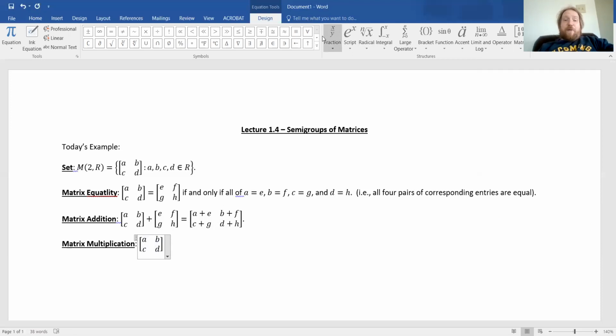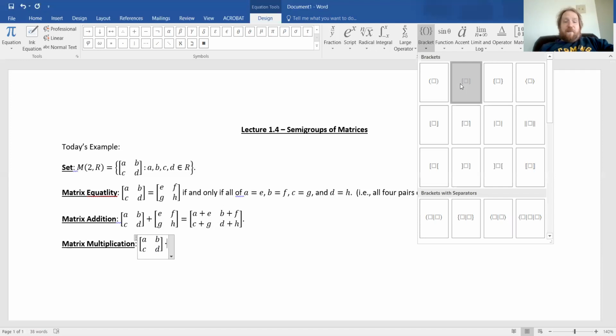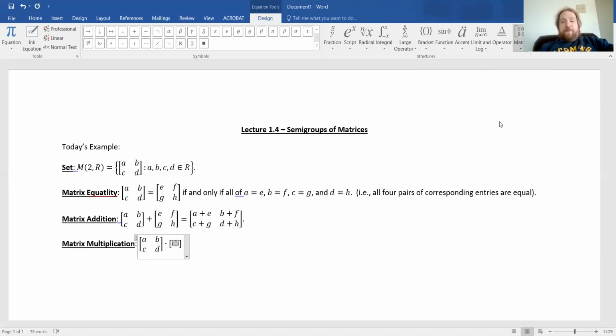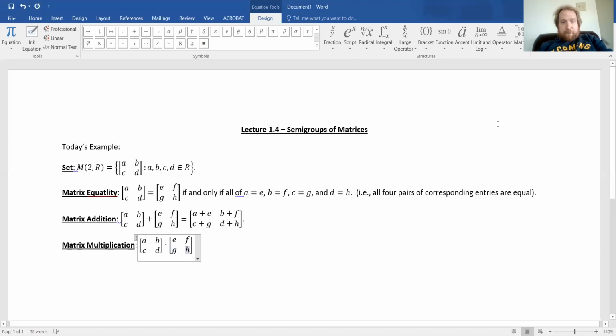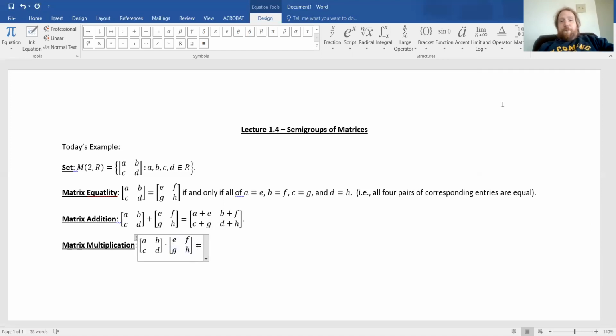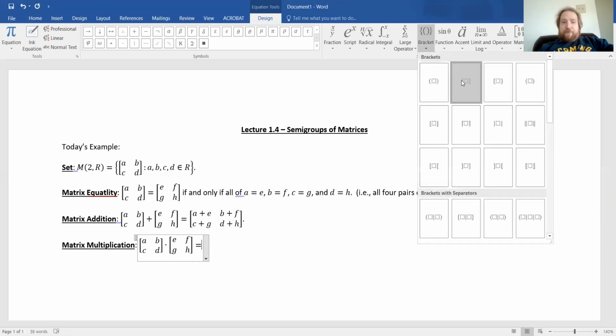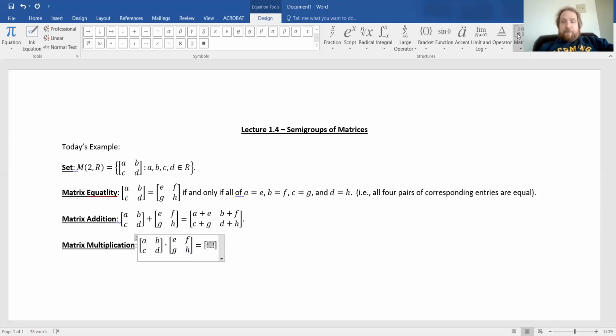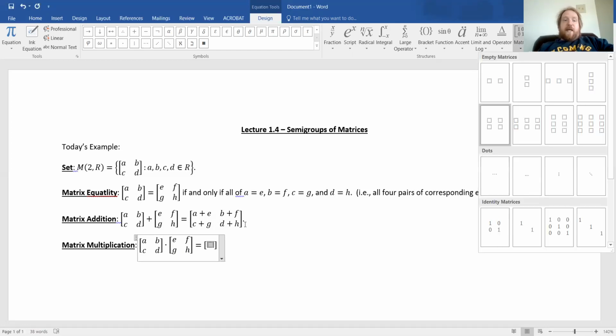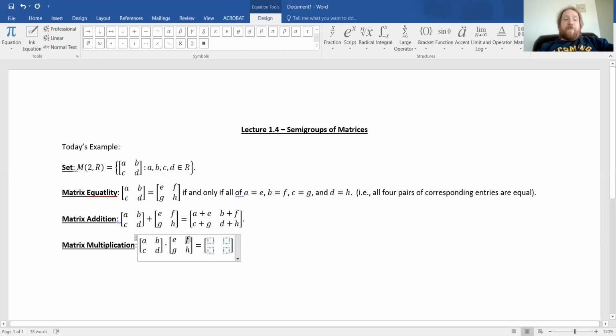Let's say you have the matrix ABCD, and you want to matrix multiply it with the matrix EFGH. Now, you're going to get a 2 by 2 matrix.